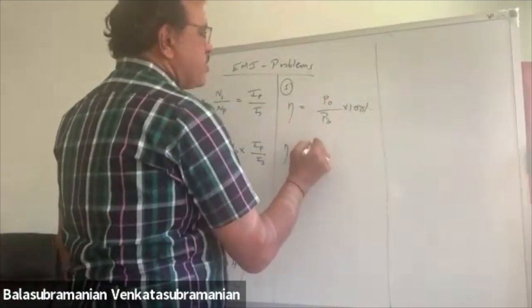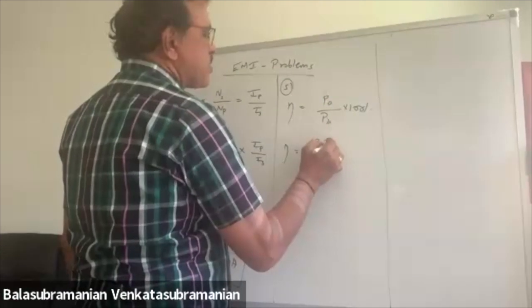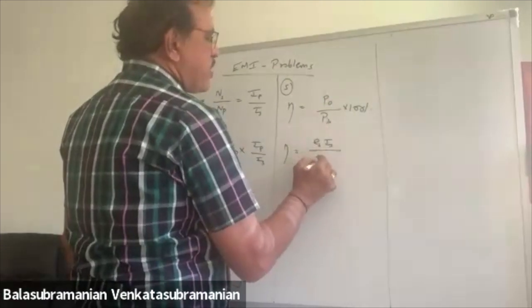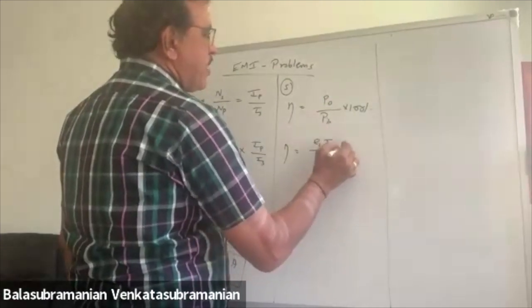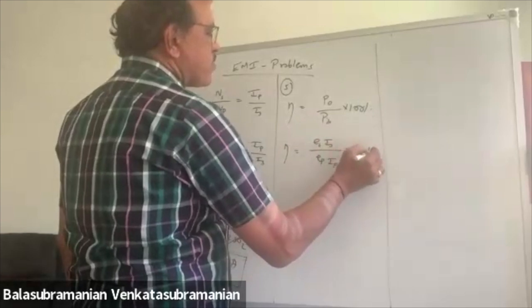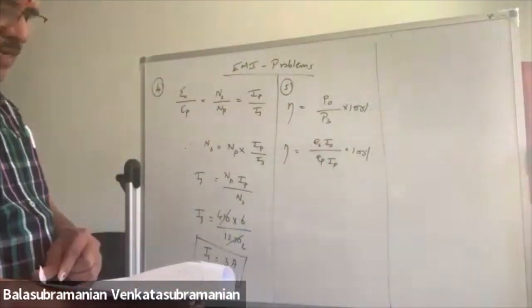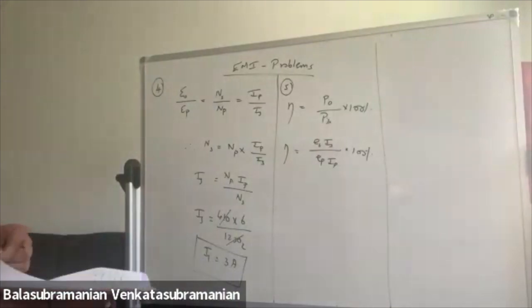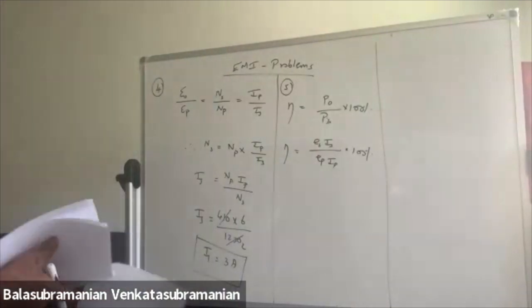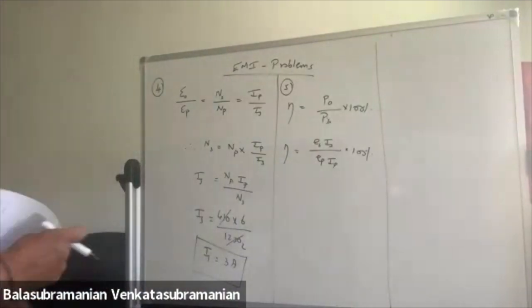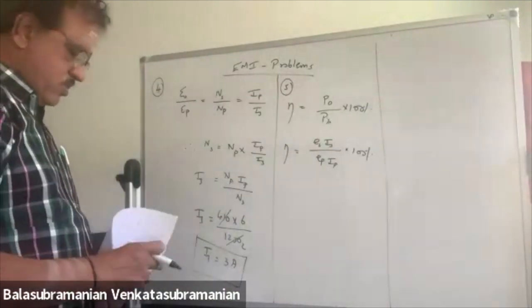Power output is ES IS, power input is EP IP, into 100%. Efficiency only you have to calculate: ES IS by EP IP into 100%.